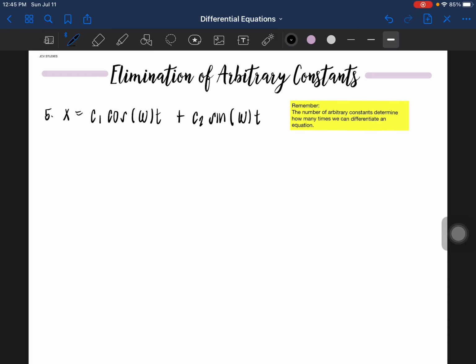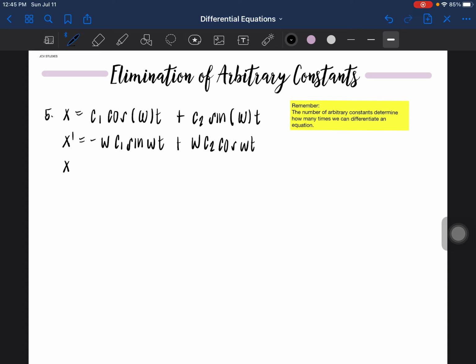So magiging x prime is equal to negative omega c sub 1 sine omega t plus omega c sub 2 cosine omega t.